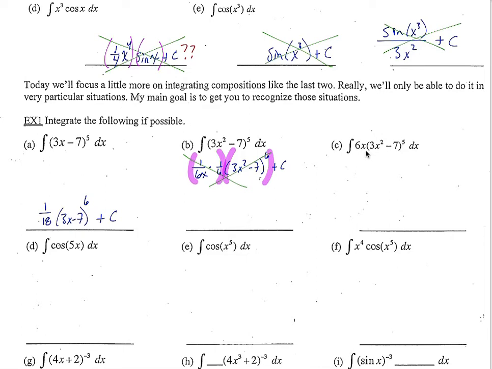But if we again go through and give this a shot, you will notice that we've got 3x squared minus 7 raised to the sixth.